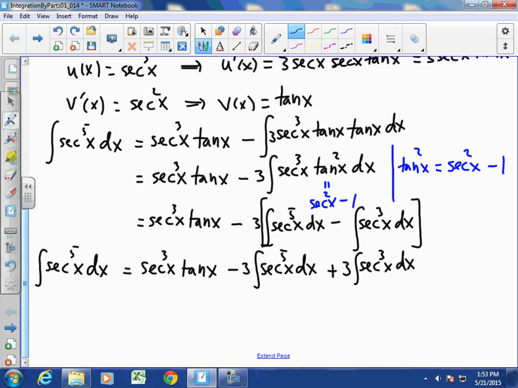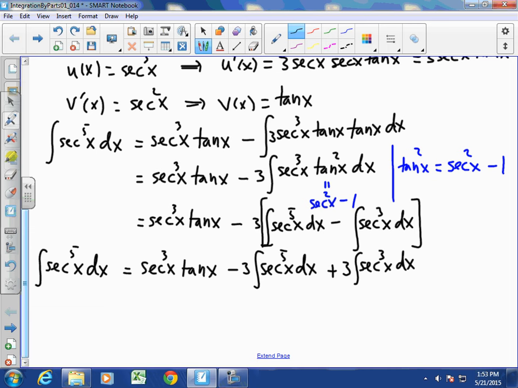Now, you may notice that on the left-hand side, we have the integral of secant to the fifth x dx. The second term on the right-hand side is negative 3 times the integral of secant to the fifth x dx.